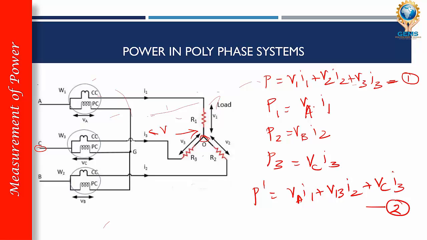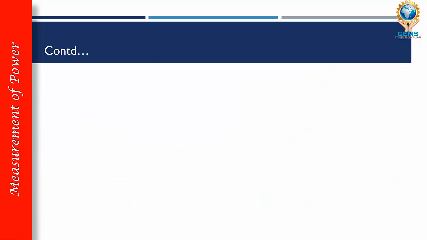Now what is VA? VA in terms of V1 is this voltage difference plus this V1. So I can write VA is equal to V1 plus V, and similarly VB is equal to V2 plus V, and VC is equal to V3 plus V. This I have as equation 3.